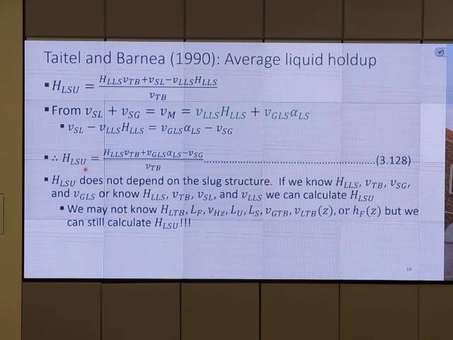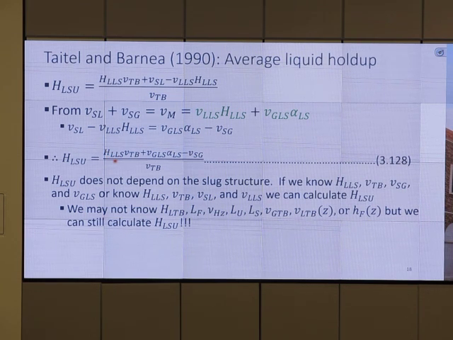Similarly, if you happen to have HLSU, you can use this equation to estimate your HLS too. Let's say you have flow in the pipe, you capture everything and assume that that is HLSU. Then you can use this equation to calculate HLS.